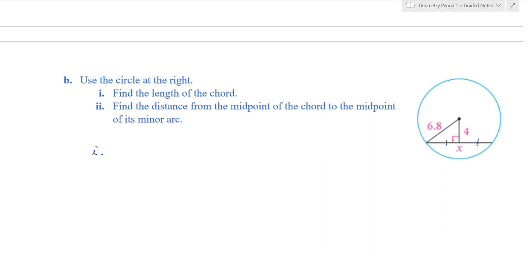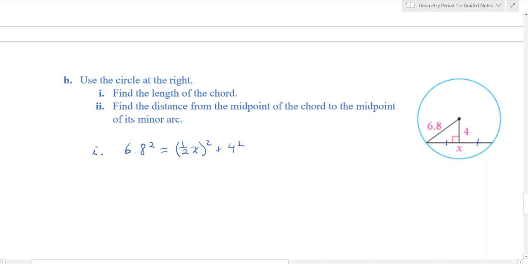So the Pythagorean theorem, which is what we can use here, would say that 6.8 squared equals 1/2 x quantity squared plus 4 squared.